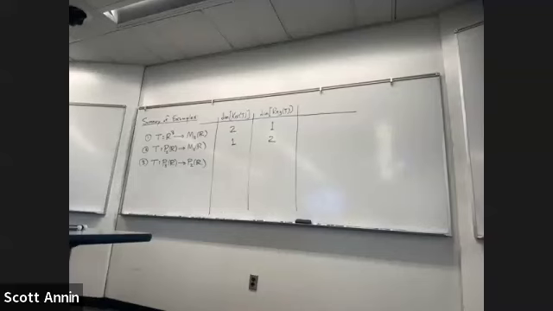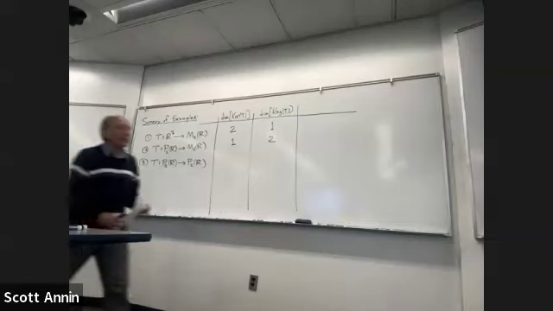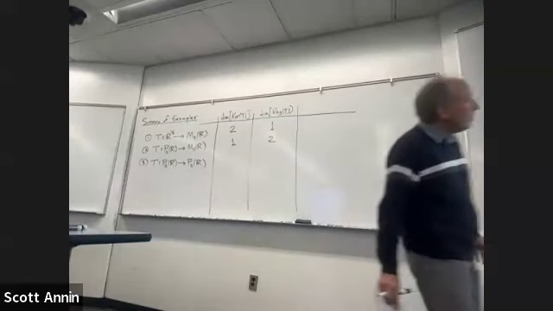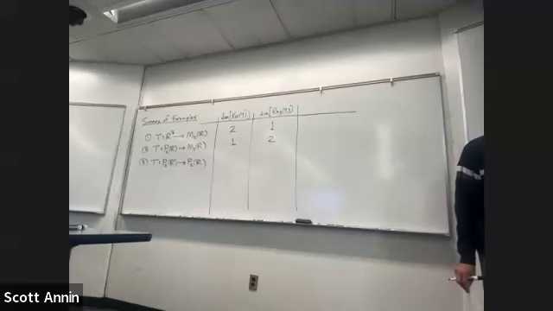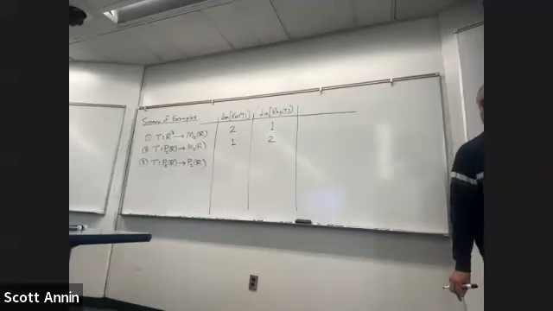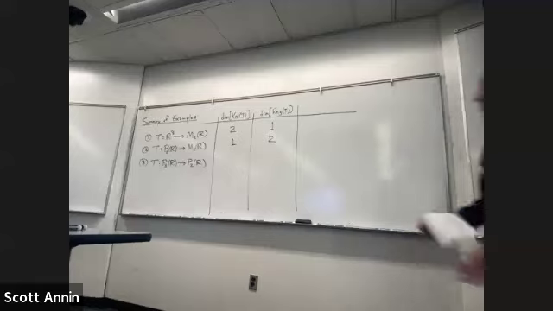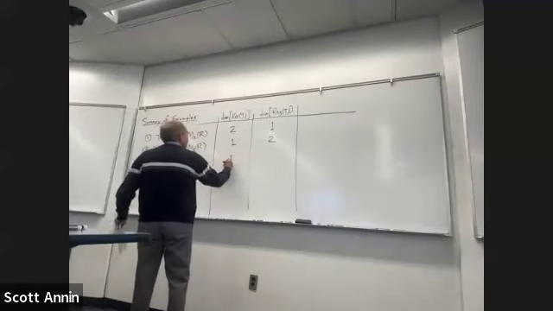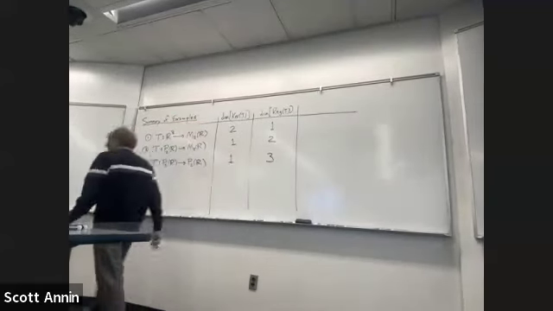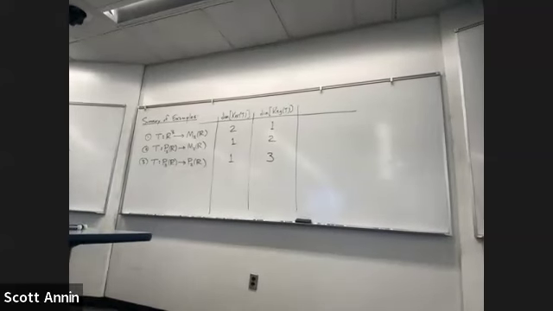Adrian, what is the dimension of the kernel and the range on number 3? 1 and 3. 1 for the kernel and 3 things in the range. Exactly right. This is a 1 and this is a 3. Anybody think they see any pattern yet?